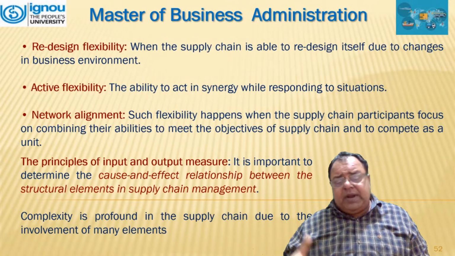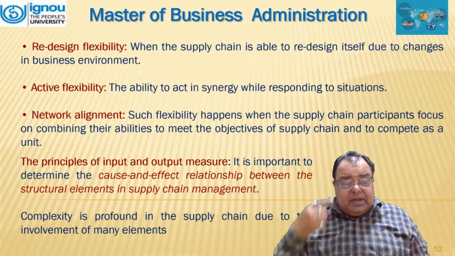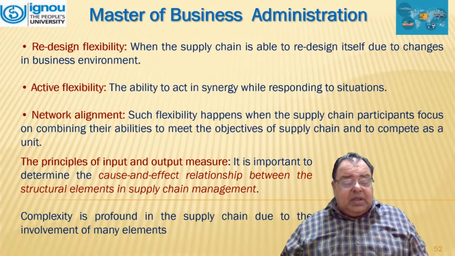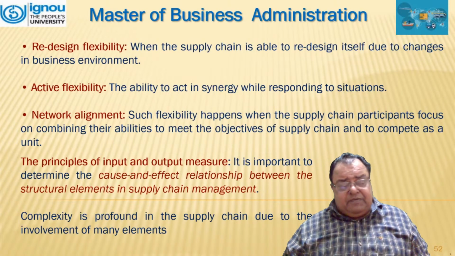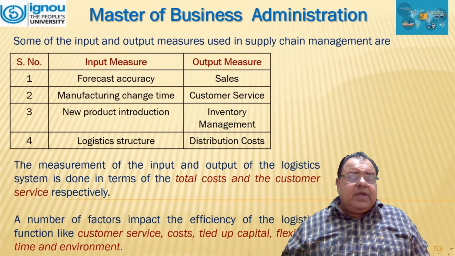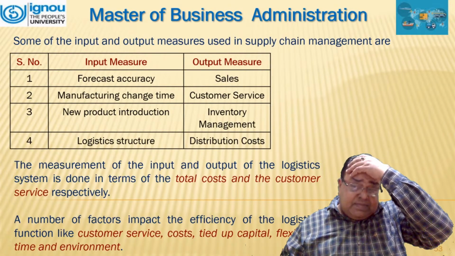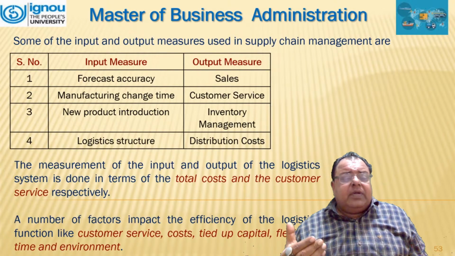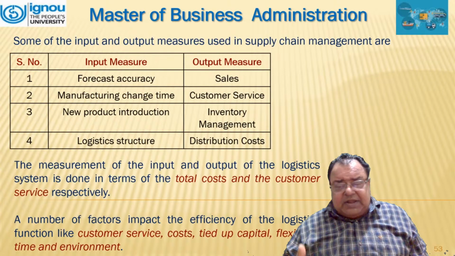The principles of input and output measures. It is important to determine the cause and effect relationship between structural elements in supply chain management. Complexity is profound in the supply chain due to the involvement of many elements. Some of the input and output measures used in supply chain management: input measures are in the form of forecast accuracy, manufacturing change time, new product introduction, and logistics structure.